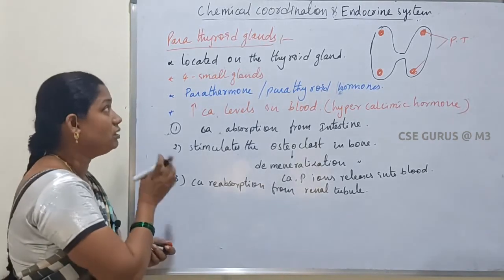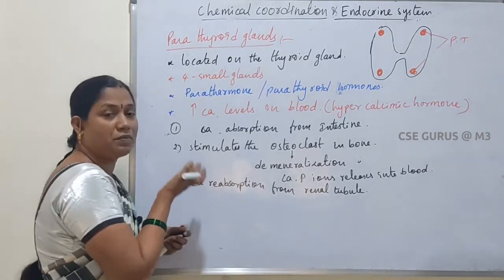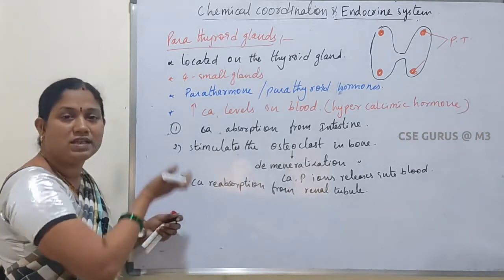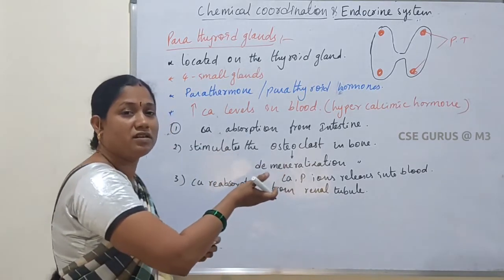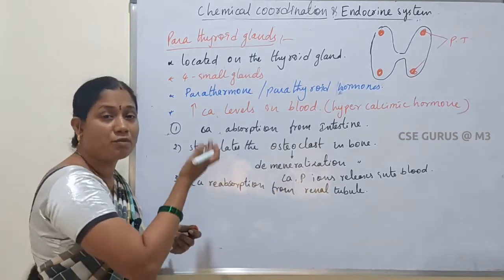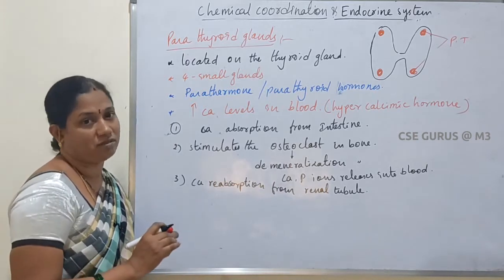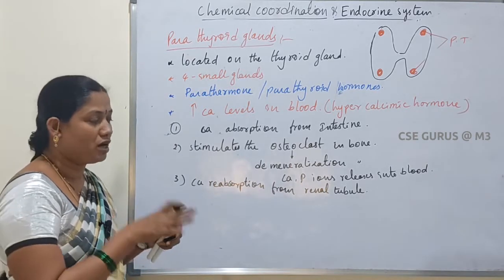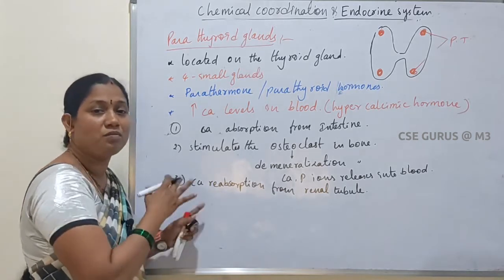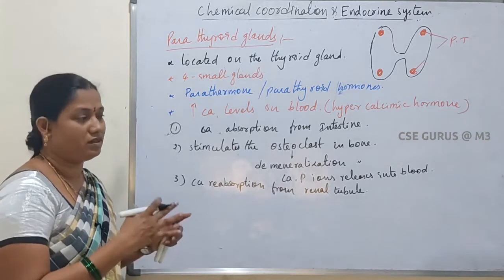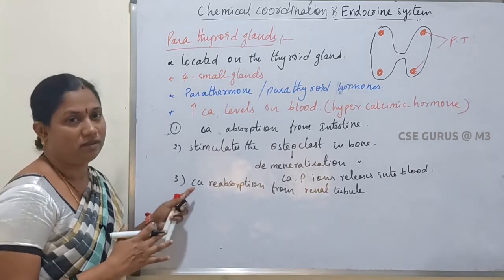The parathyroid hormone increases the calcium, and the calcitonin hormone, which is secreted from the thyroid gland, decreases the calcium ions. So both work with antagonistic nature. Both hormones, calcitonin and parathyroid hormone, maintain the calcium levels in our body. Okay, so this is about the parathyroid gland.